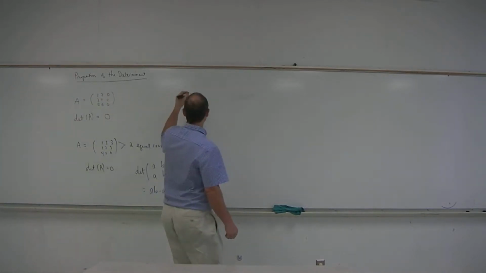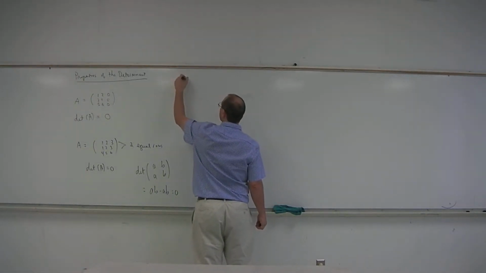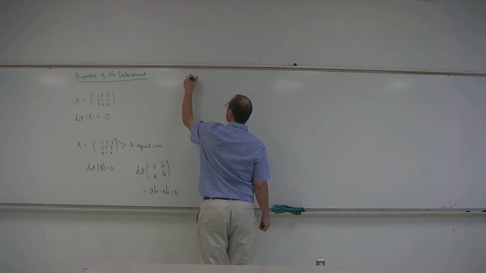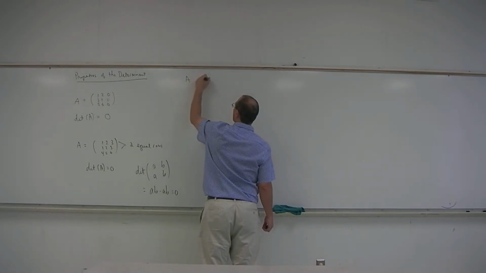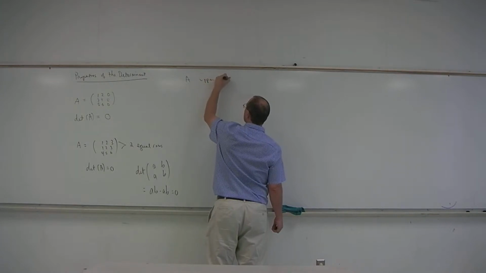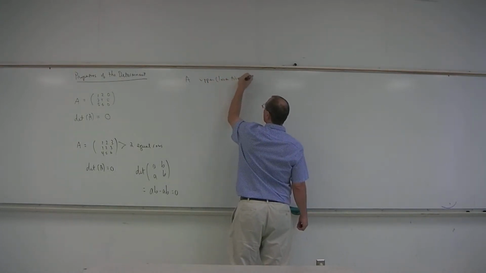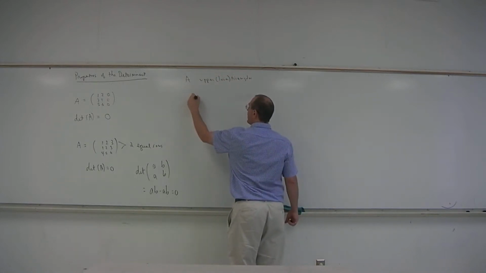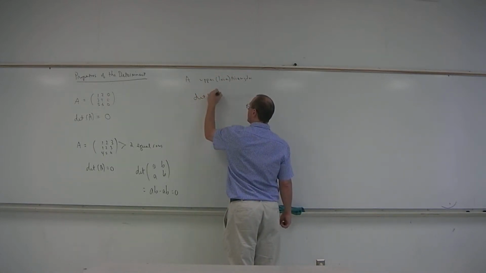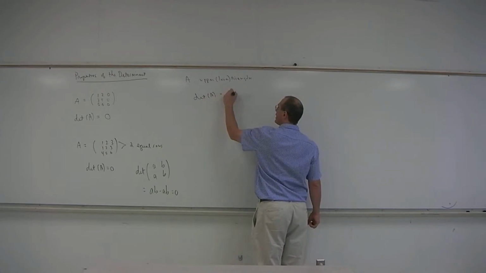If the matrix is triangular, if A is an n by n upper or lower triangular matrix, then the determinant of A is the product of the diagonal entries.